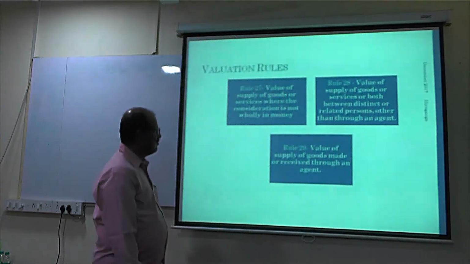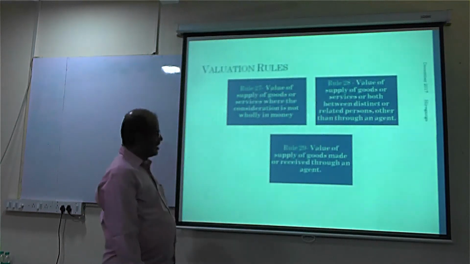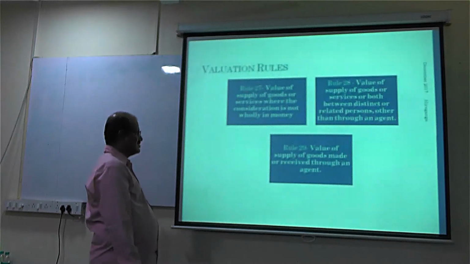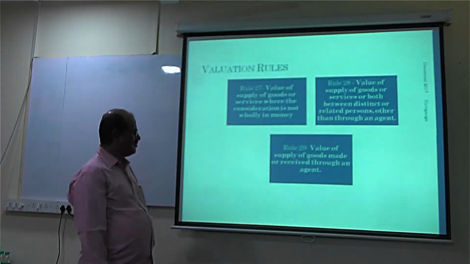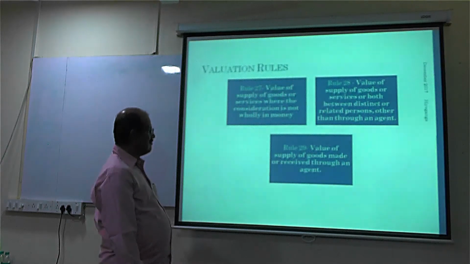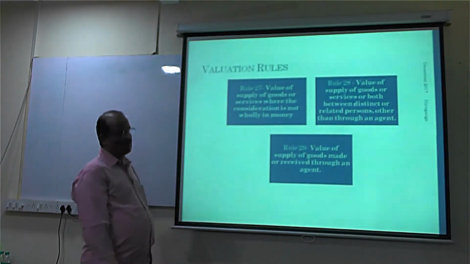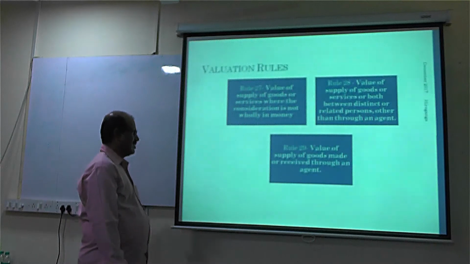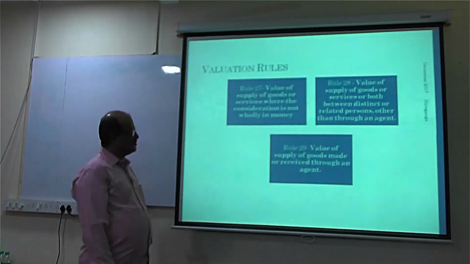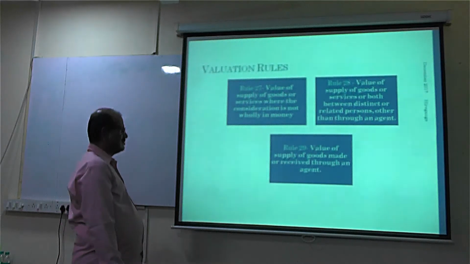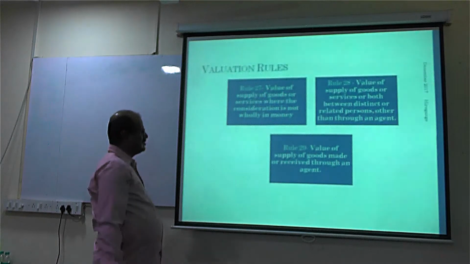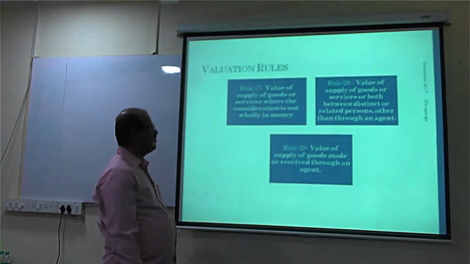This is because if the value at which the agent supplies the goods or services or both is adopted, there will be no provision for addition of value by the agent. Therefore, Rule 29 also makes separate provision for the purpose of valuation of supplies to or through an agent.